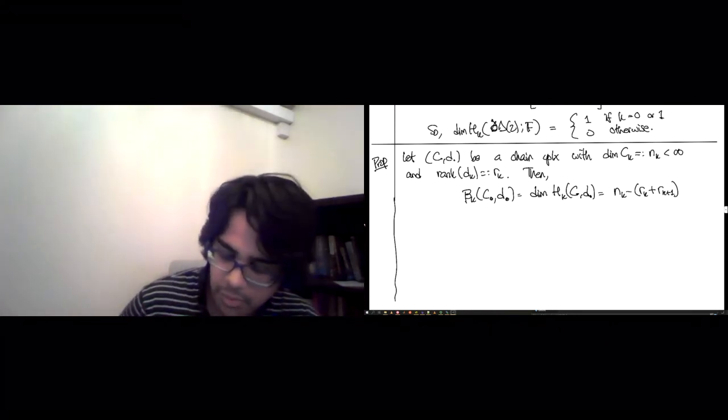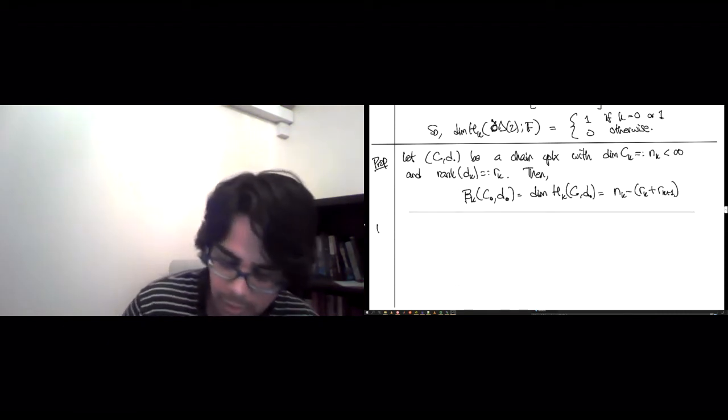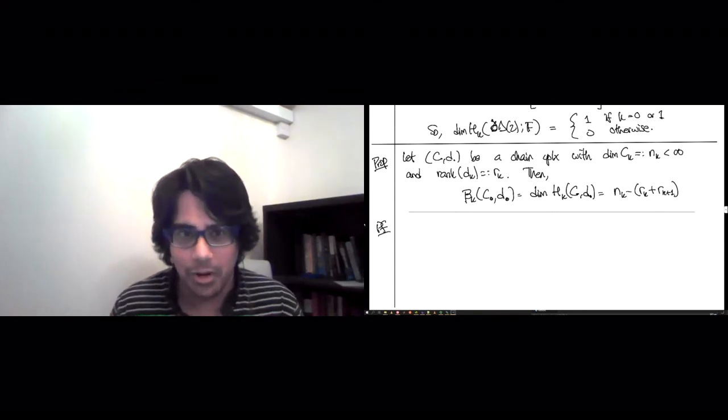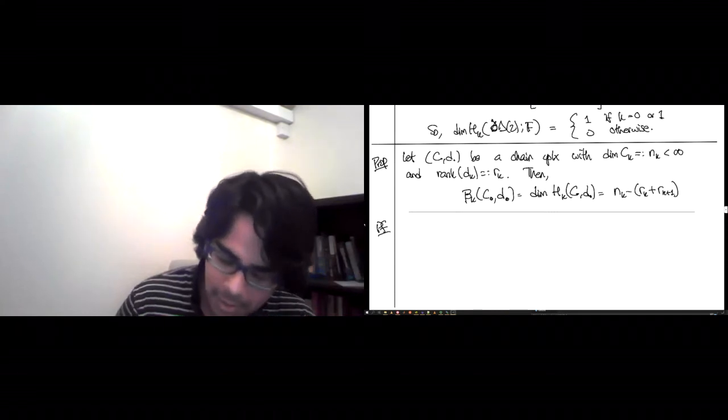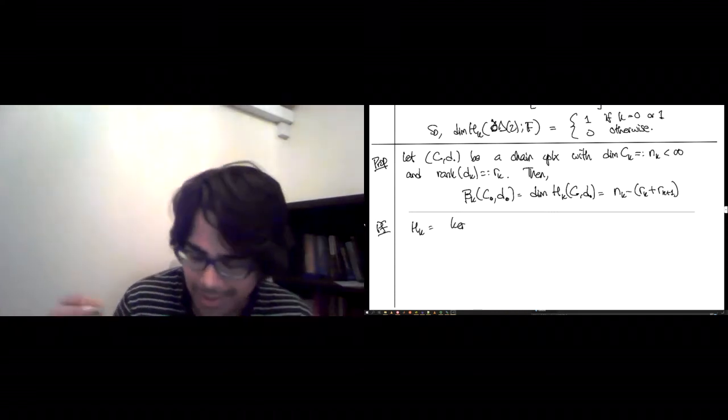So this proof is not very difficult, and because it's not very difficult, I am willing to do it here on camera, and I hope nothing goes wrong as we go through the proof. Okay, so H_K is the kernel of D_K quotient the image of D_{K+1}. I'm not going to write (C, D) every time.